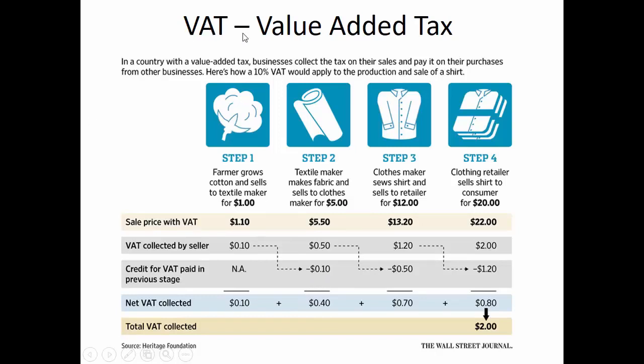Now that's why it's called a value-added tax: you're only being taxed on the value that you add to the item. The value that was added was $4, because when you take something that cost $1 and turn it into something that will sell for $5, you've added $4 of value to that material.